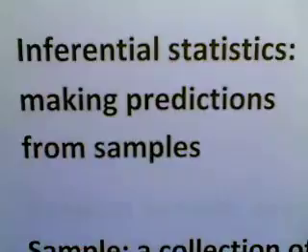Probably one of the biggest statistical boo-boos in America was when the Literary Digest did a survey of 10 million Americans trying to predict the election of Landon and Roosevelt.